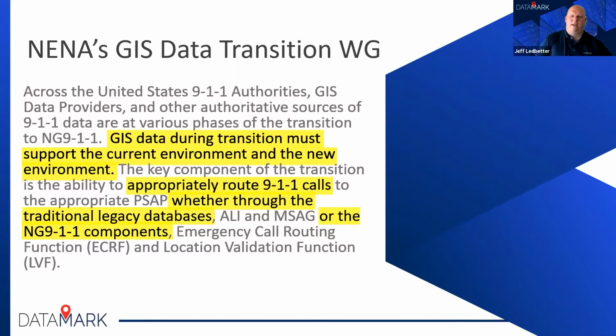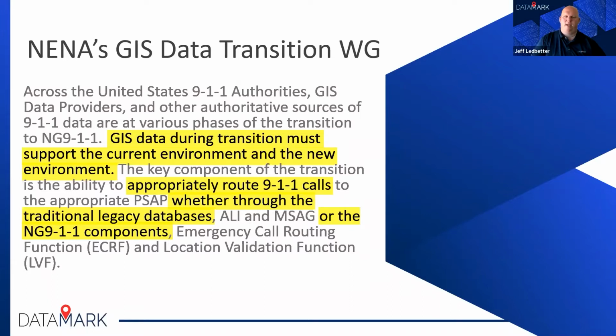The ECRF and LVF are elements inside the Next Generation 911 ESInet that actually answer the question, where do I send this call? And they route the call to the proper PSAP as well. So I'm not going to go any deeper than that. I just want to make sure everybody who doesn't know what those things are gets a basic definition of what we're hinting at here with those elements.